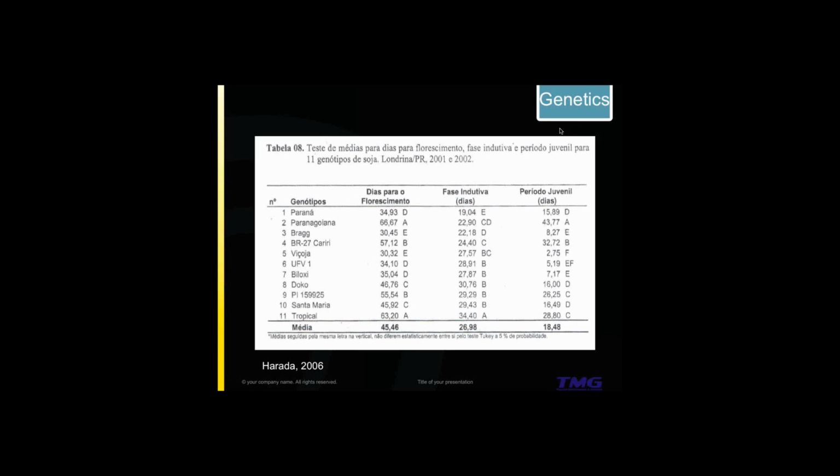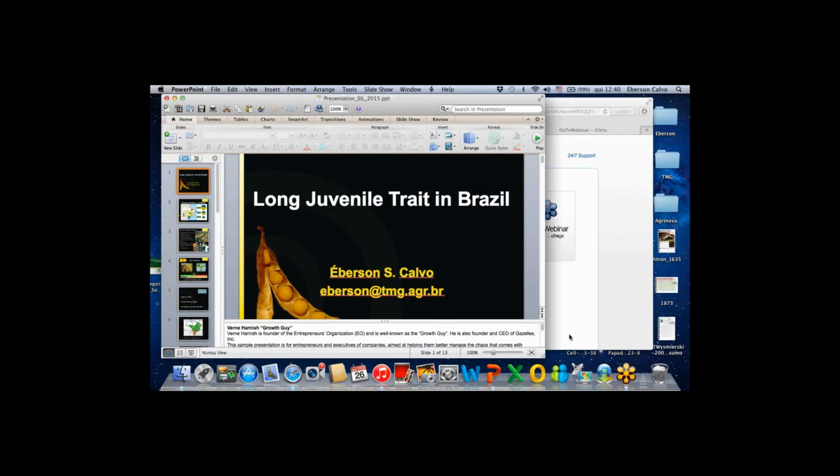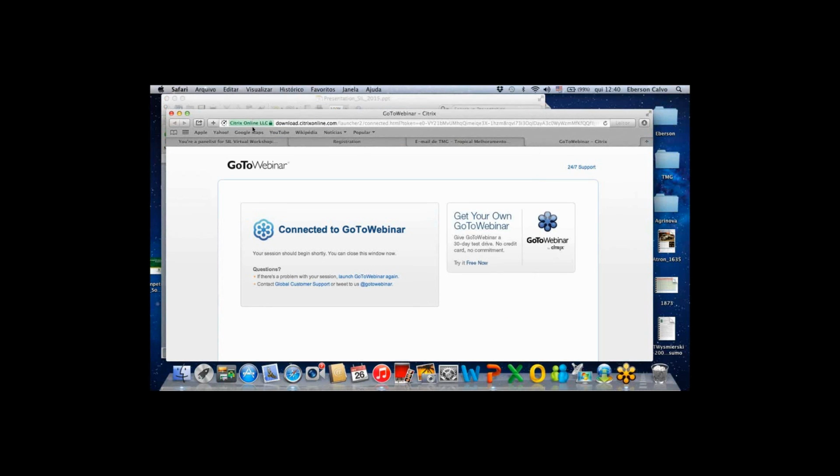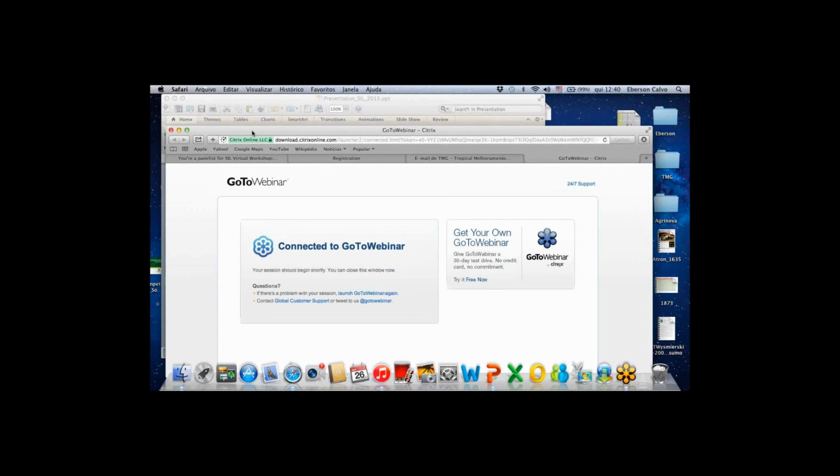So not just later maturity, but the actual long juvenile trait that shows up in those 12-hour photoperiods. What percent would you estimate of the materials grown in Brazil have that now? Because I'm a little confused between the very late maturities and the use of the long juvenile trait.